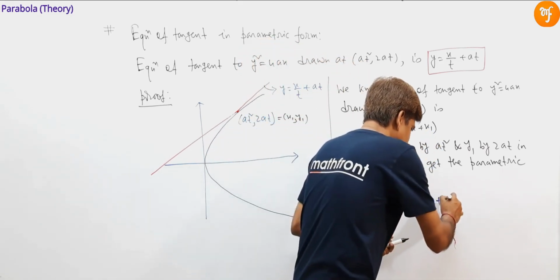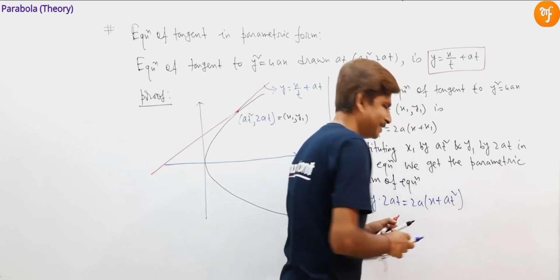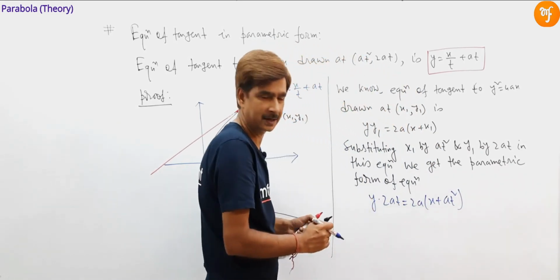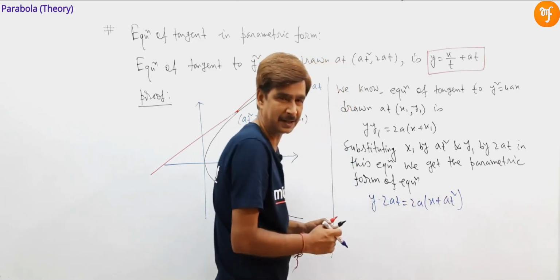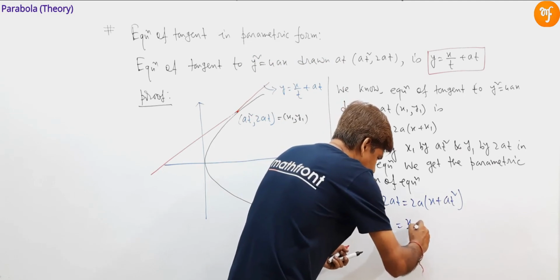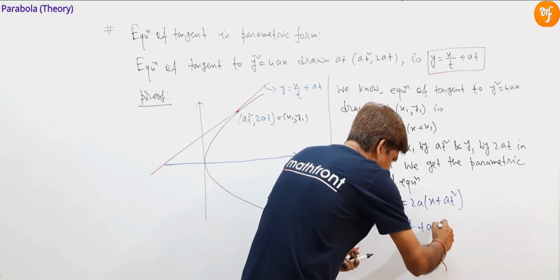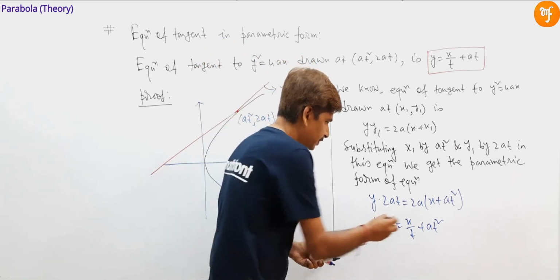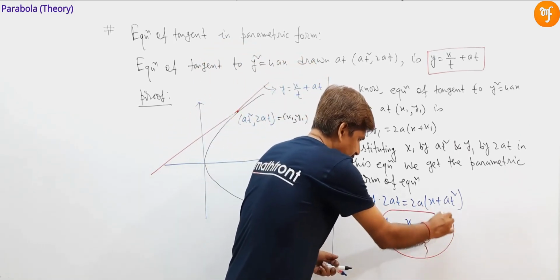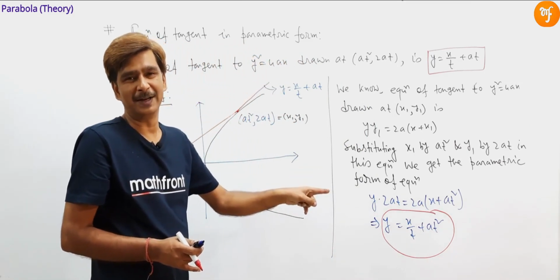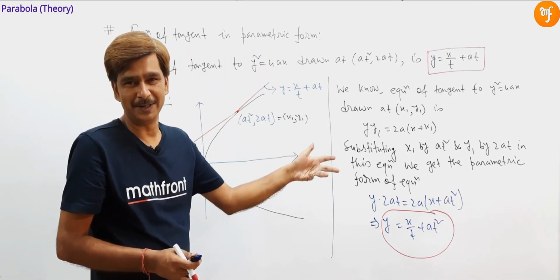So just cancelling 2a from both sides and dividing both sides by t, we will get y is equal to x by t plus of 80 square. Okay, so this is nothing but the equation of tangent in parametric form, whose point of contact is 80 square comma 280.